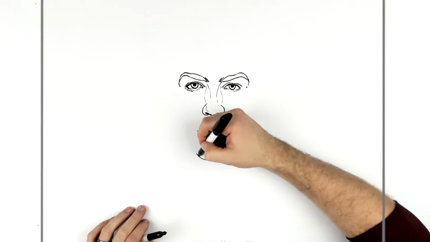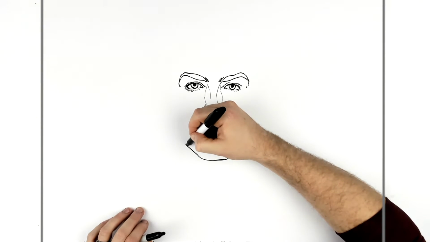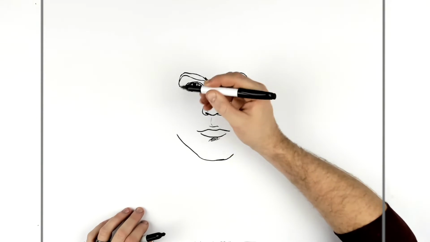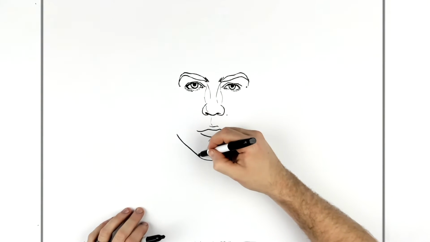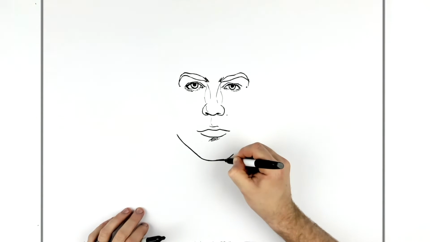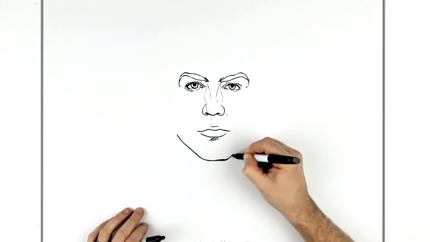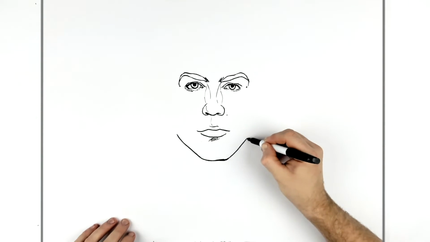Right, so this comes out for his jaw, just up to there. So you stop about mouth level, right? So we'll go the other side as well.